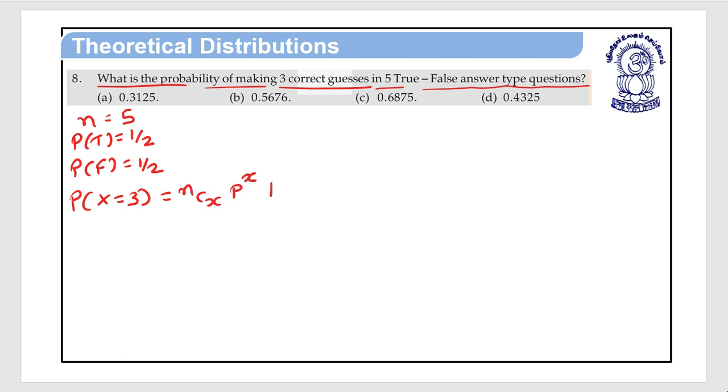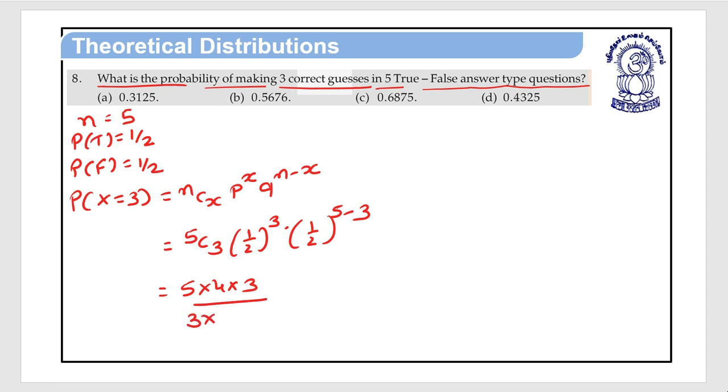nCx p raised to x q raised to n minus x. Now put the values: 5C3, 1 by 2 cube, 1 by 2 raised to 5 minus 3. 5 into 4 into 3 over 3 into 2 into 1, into 1 by 2 cube, which means 1 by 8, into 1 by 2 square, 1 by 4.